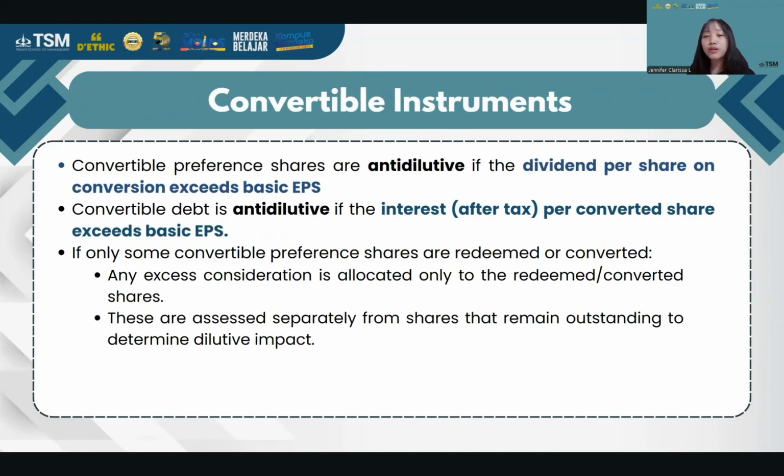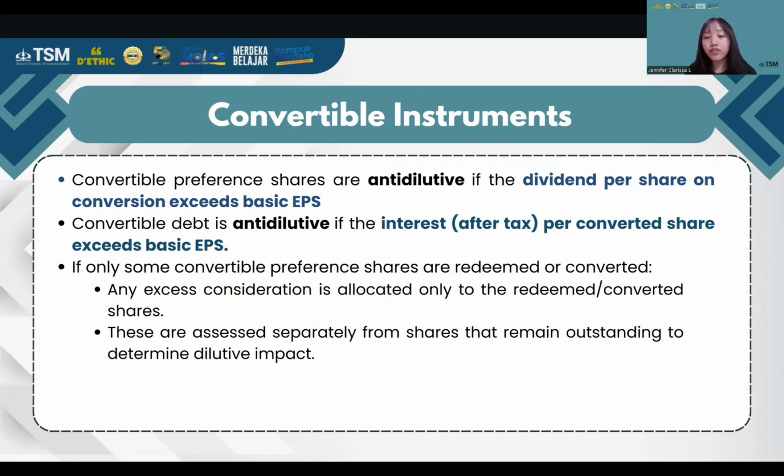Next one is convertible instruments. Convertible preference shares are anti-dilutive if the dividend per share on conversion exceeds basic EPS. This means if after conversion the dividend per share is higher than the current earnings per share, it would lower the EPS, so we don't include it in the diluted EPS because it's anti-dilutive.